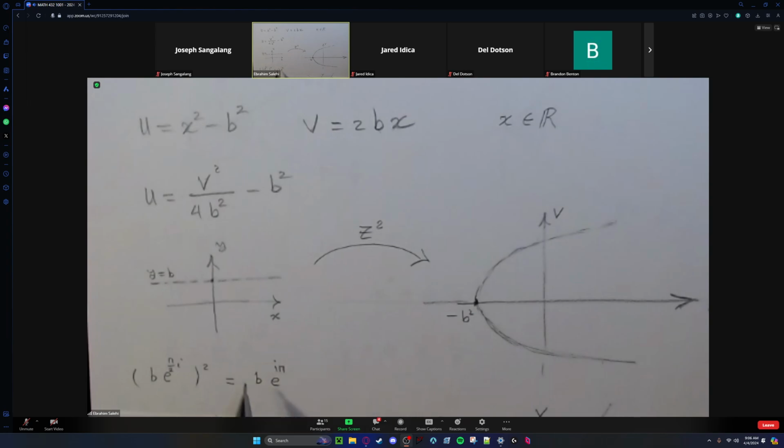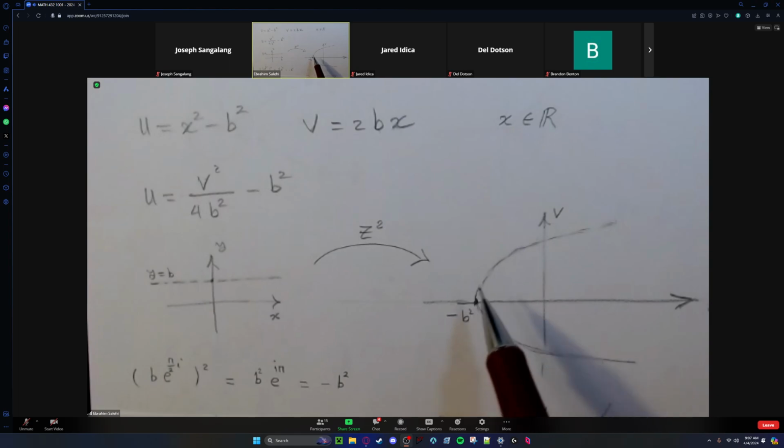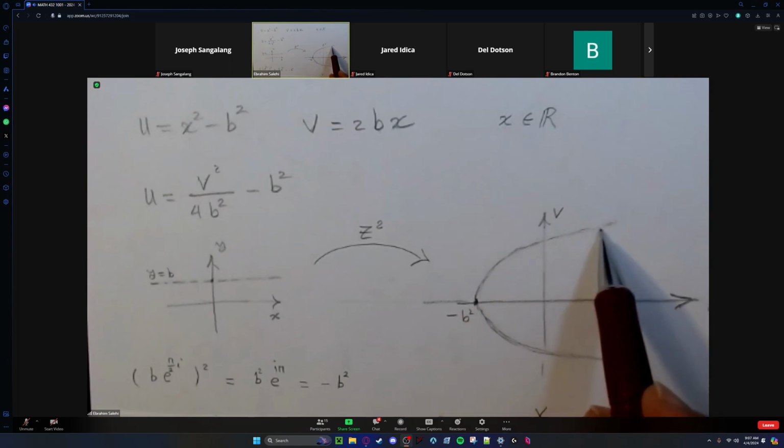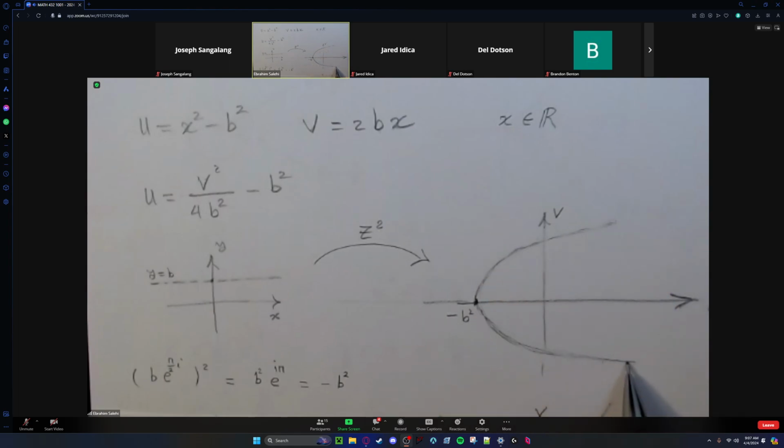And e to the i pi times b squared, of course, is negative 1 times b squared, so negative b squared. So the image of this point under z squared is right here. Well, this time this is the parabola, okay? Opens toward the u-axis.